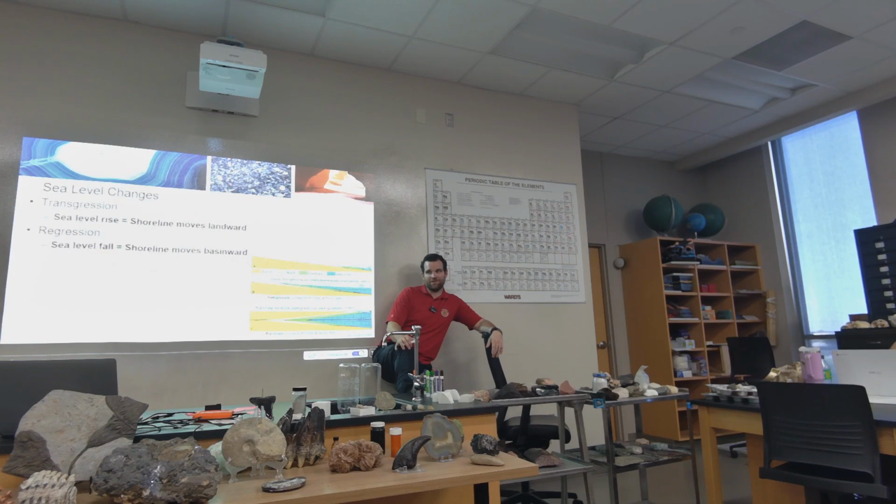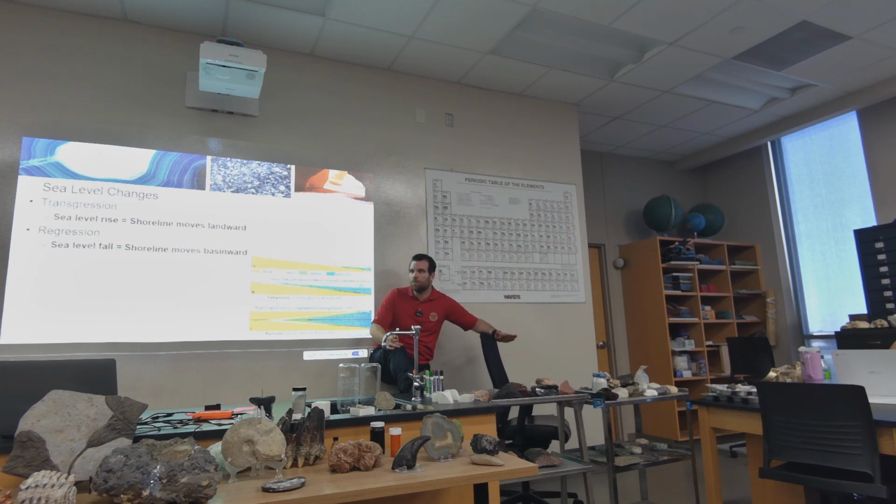You have an idea, Emily? You're talking about the structures. Structures can be great indicators, but for the most part they tend to be more specific. Like the ripples, that'll tell me maybe what the wave activity was like, but not necessarily water depth. Possible, but not the more broad answer I'm looking for. Fantastic thought. Think a little more basic than that.